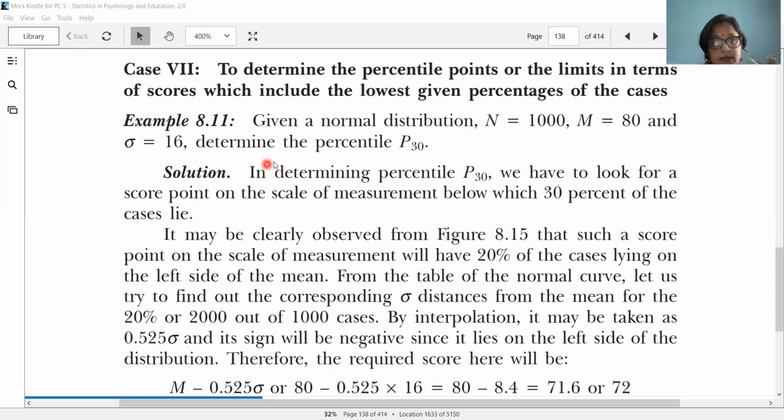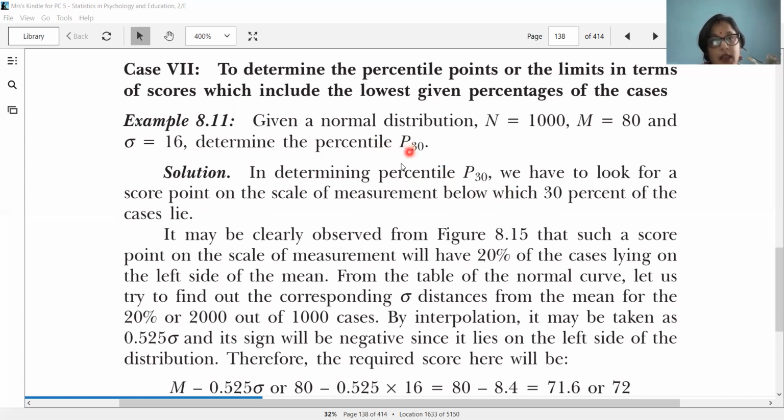Whenever you are supposed to find out the percentile point, you need to find out one score point below which a certain percentage of cases lie.